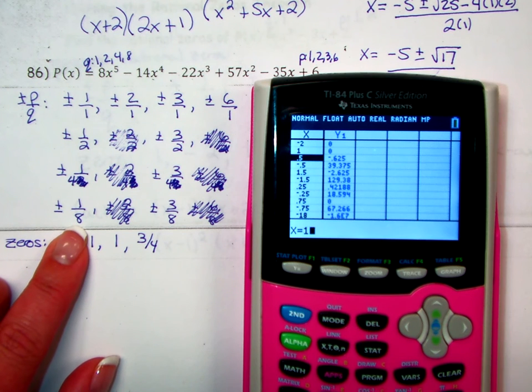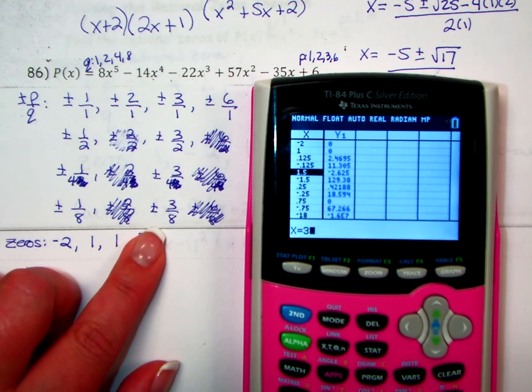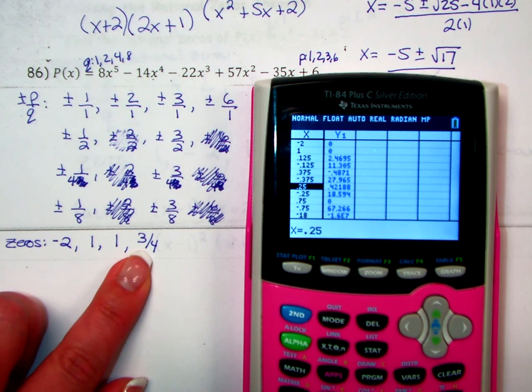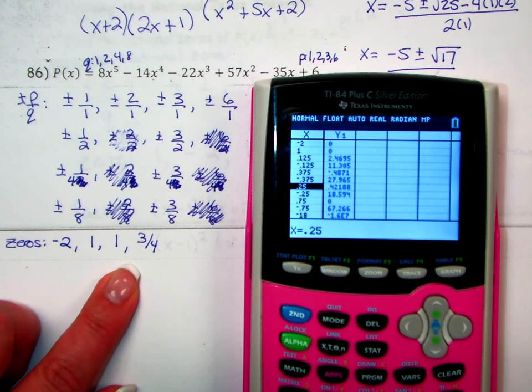All right, so let me just check the other fractions. 1/8, -1/8, 3/8, -3/8. 1, 2, 3, 4. Why?